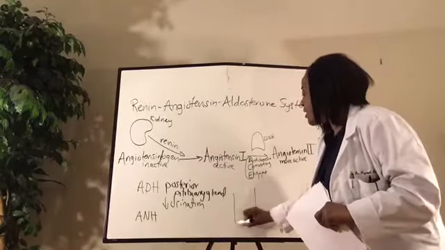So let's just look at this. This is the way it really is. Can you see how I just took this and went like that? I just folded it over. This is still the loop of Henle here. Here's the loop of Henle.